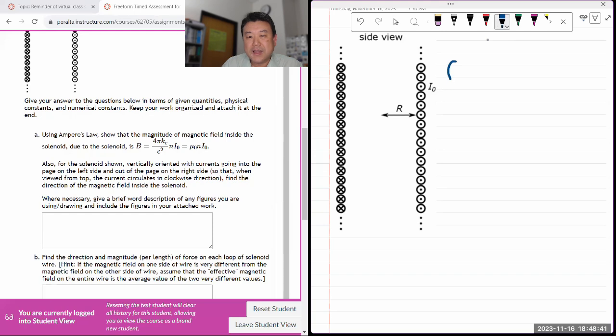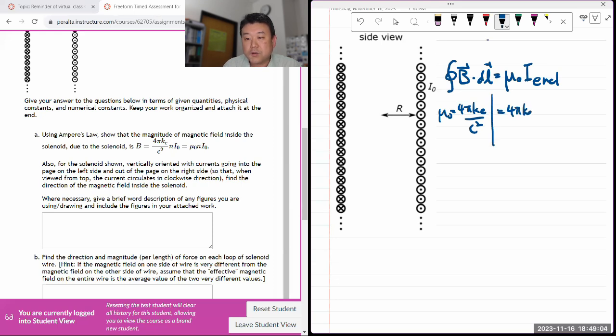It says the line integral over a closed loop of B dot dl is equal to mu naught times current enclosed. And because mu naught is equal to 4 pi ke over c squared, in terms of the coefficients that I'm trying to use, it'll be 4 pi Coulomb constant over c squared, times I enclosed.